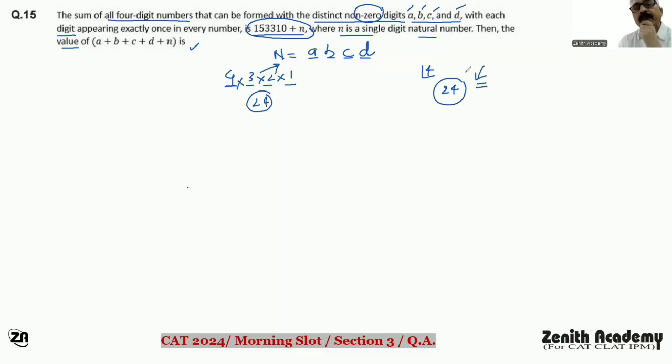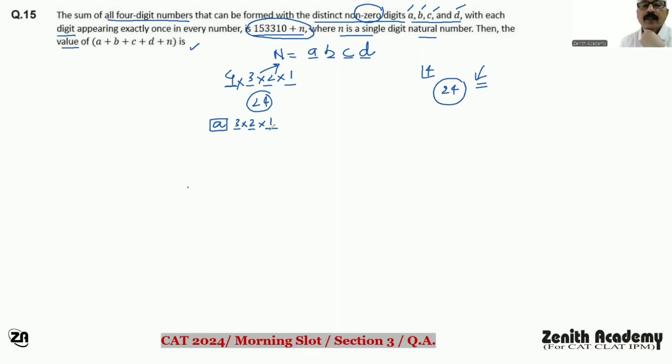Okay. Look here. Suppose a number starts with A. A is fixed. Then these 3 digits, this place you can fill in 3 ways, right? And 2 and 1.